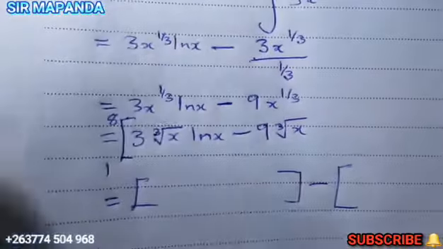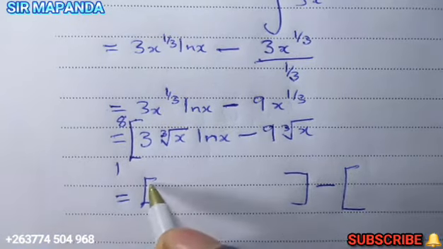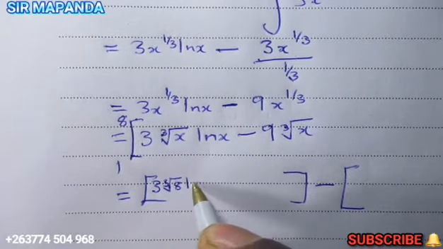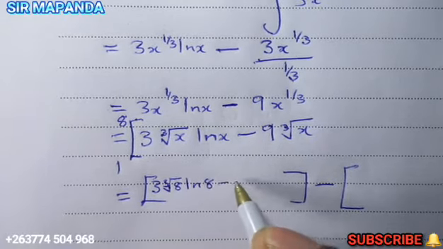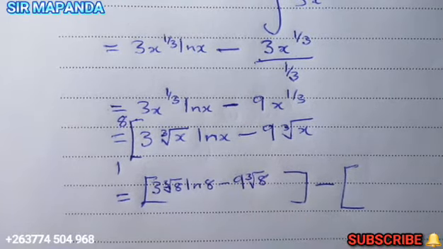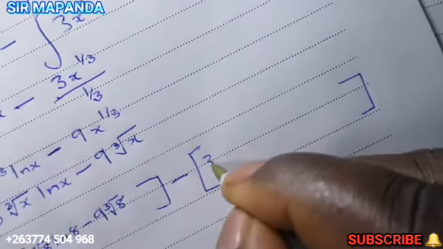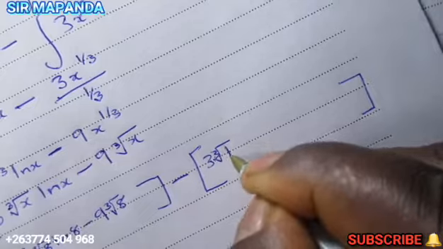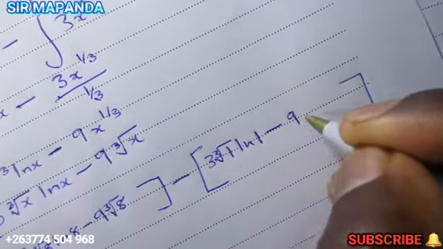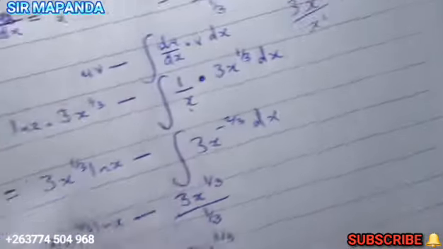So let me start by substituting the upper limit, which is 8. So you get 3 cube root of 8 ln 8 minus 9 cube root of 8, right? Then in the second bracket, you get 3 cube root of 1 ln 1 minus 9 cube root of 1, right?